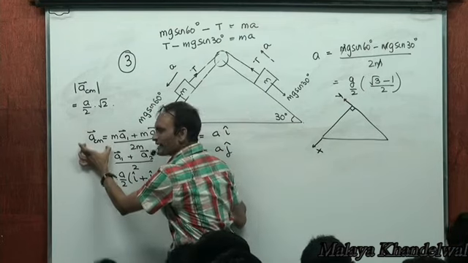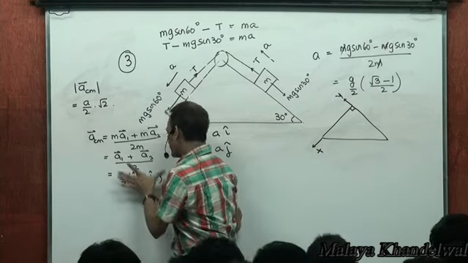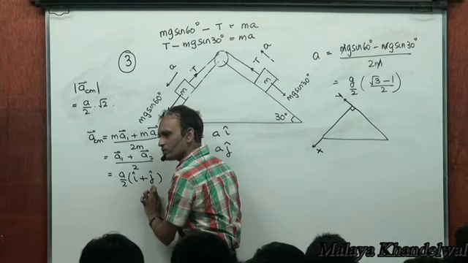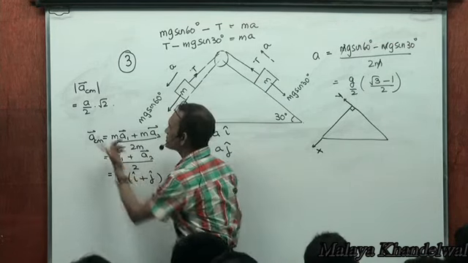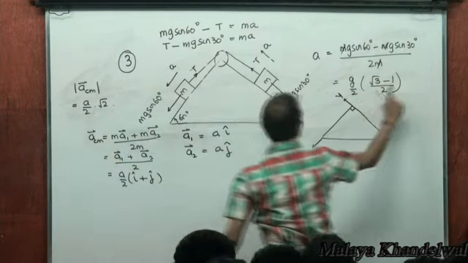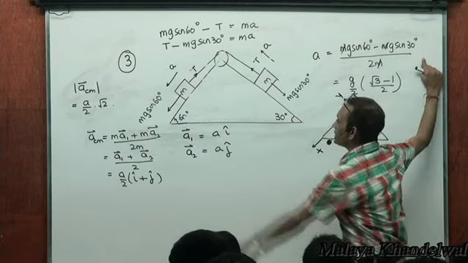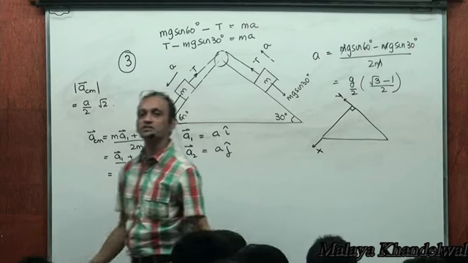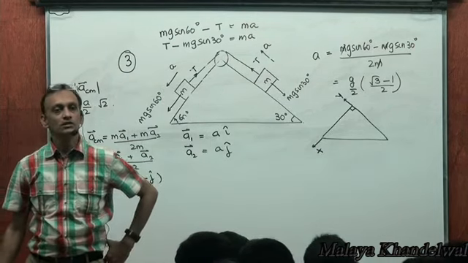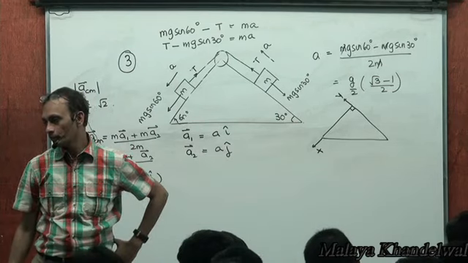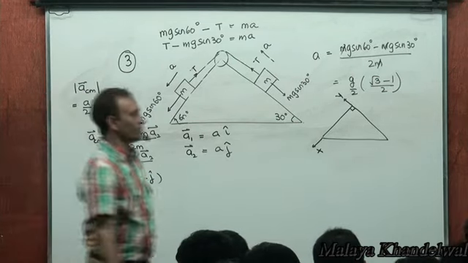What we are seeking is the magnitude, which is a by 2 times the magnitude of i cap plus j cap, root 2. So the magnitude is a by 2 root 2, where a has already been obtained. Plug in the value of a from here and you get the magnitude of the acceleration of the center of mass. Is that okay? Very good.